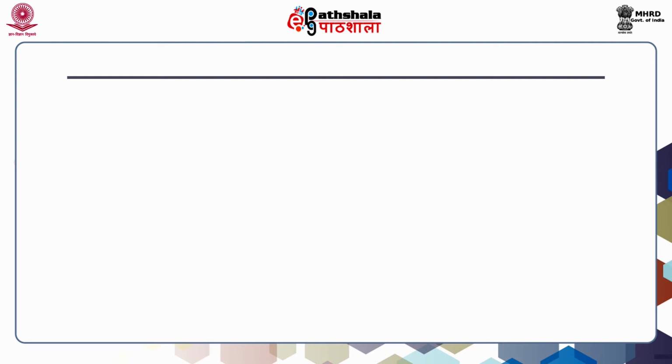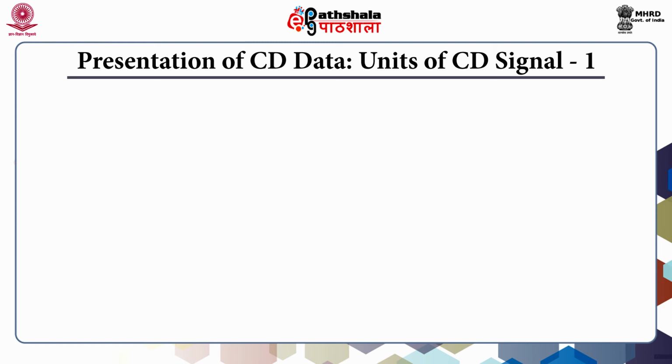So far we discussed circular dichroism and optical rotatory dispersion, and how to generate light oscillating in a particular plane or in a circular path. Now we can move over to the presentation of circular dichroism data, like what are the units in which the CD signal can be shown.